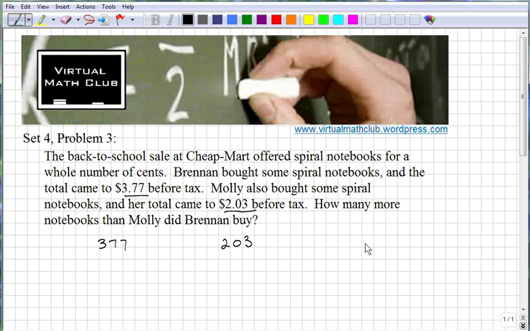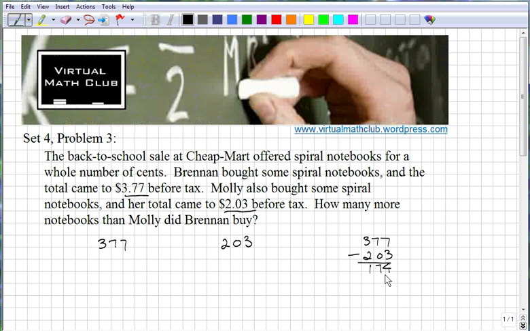Another thing you could do is look at the difference of 377 and 203, because if we take the difference in the amount they paid, that will be the number of cents per notebook times the difference in the number of notebooks they bought. So if we take 377 and subtract 203, we'll get 174.